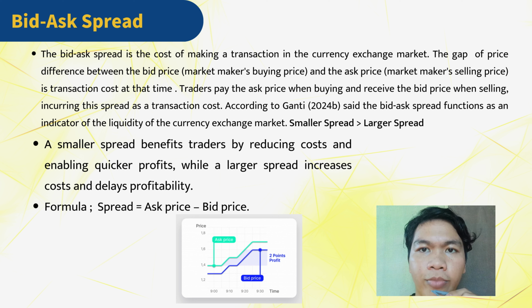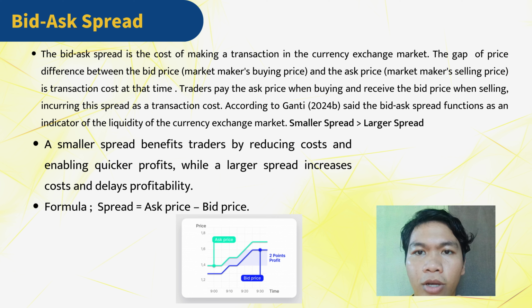Next, the bid-ask spread is the cost of making a transaction in the currency exchange market. The gap or price difference between the bid price and the ask price is the transaction cost at that time. Traders pay the ask price when buying and receive the bid price when selling, incurring the spread as a transaction cost.